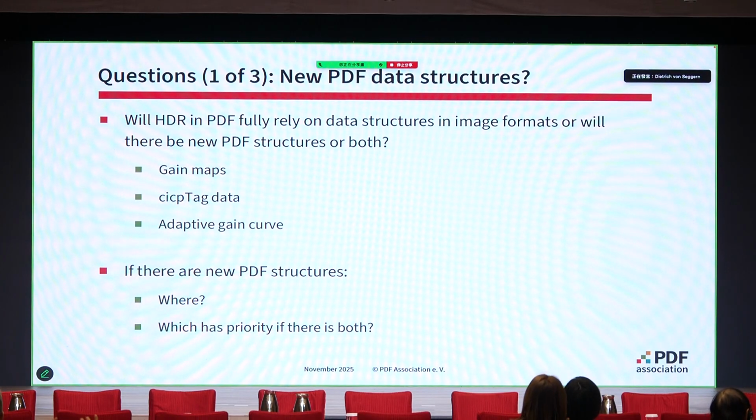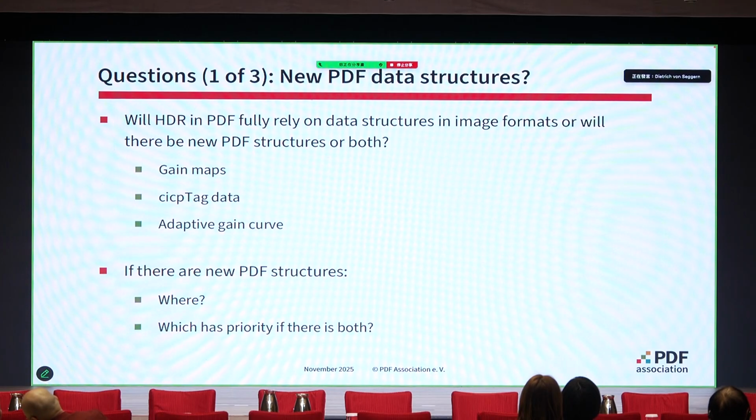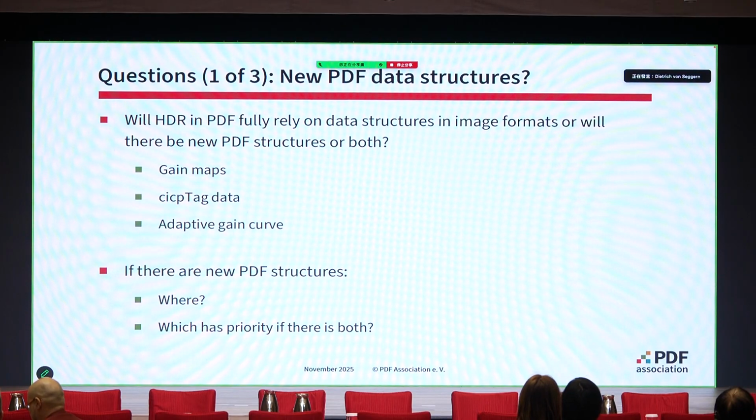So first, we've heard that images already can have HDR information, same for ICC profiles. You can have that already in a PDF file. The first question is, do we want to copy that information into the PDF specification itself?